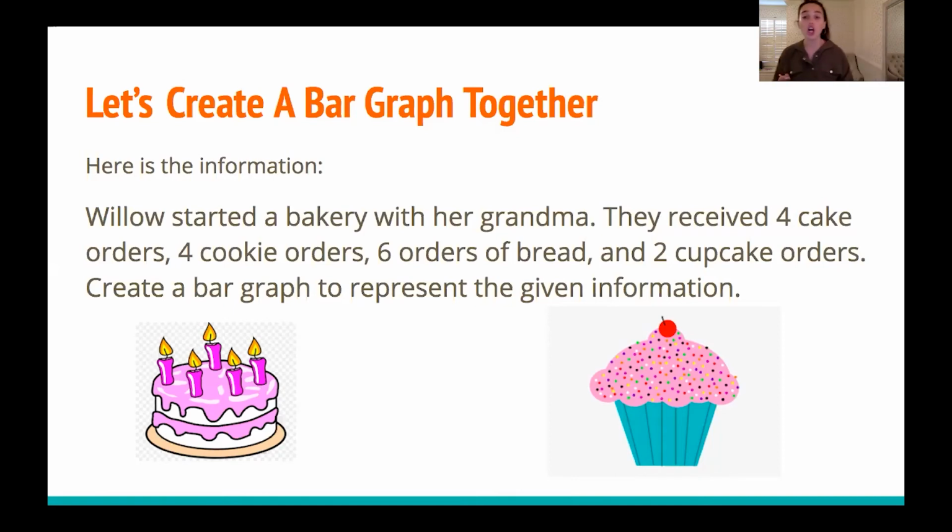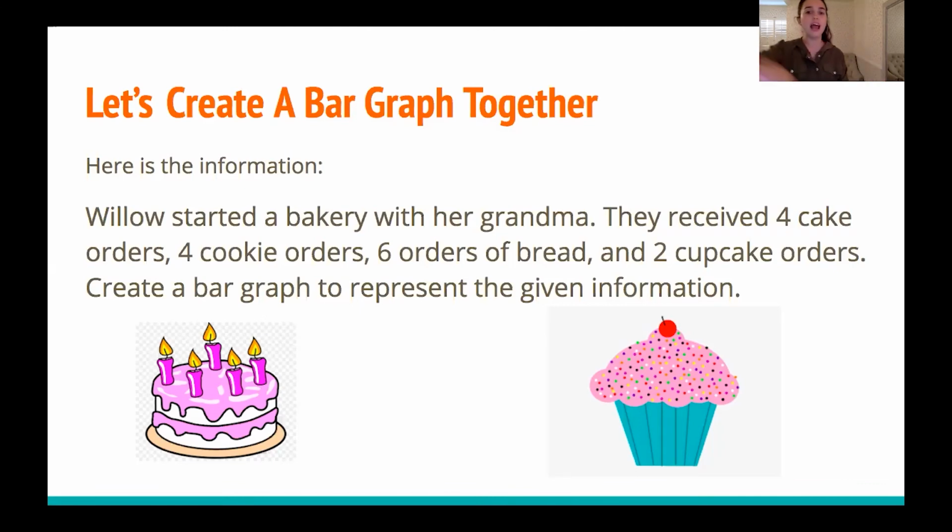All right, and finally, cupcakes. How many cupcake orders did she receive? 2, just 2. So find that 2 on the y-axis and write it out in a bar graph form here. Okay, here we go.